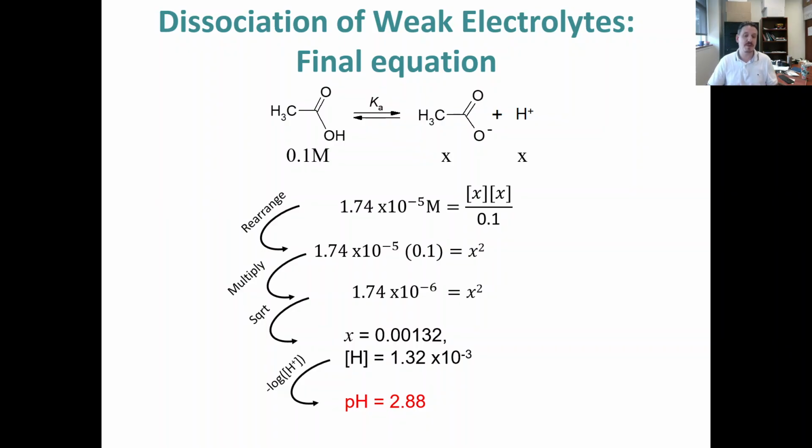So yes, we are expecting the solution to be acidic, and this is an acidic pH, but it's not as acidic as our strong acid solution, remember? The strong acid was a pH of 1, and this is not as acidic as pH 1. So that makes sense, and we can say the answer is probably correct.